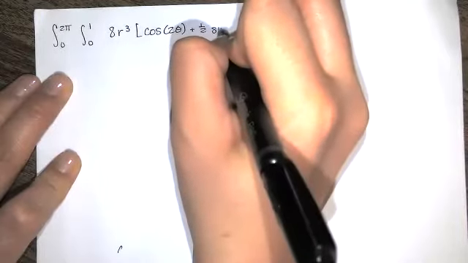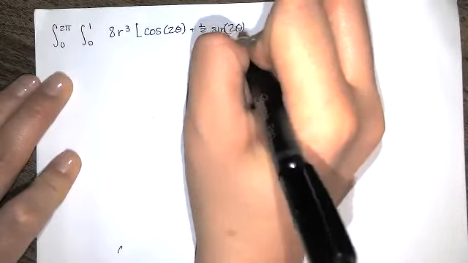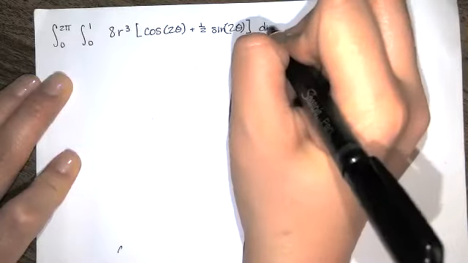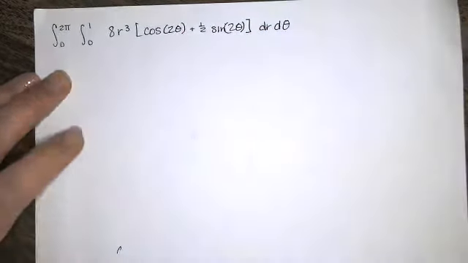So we've got the integral from 0 to 2 pi of the integral from 0 to 1 of 8r squared times an r, so that's 8r cubed, times cosine of 2 theta plus 1/2 sine of 2 theta. Integrate with respect to r first, and then theta.